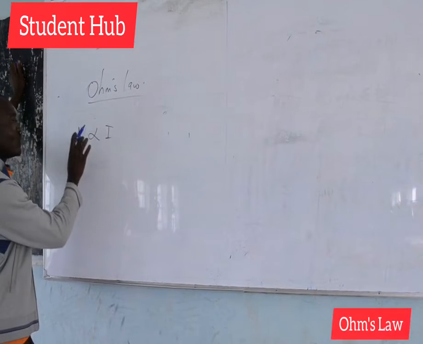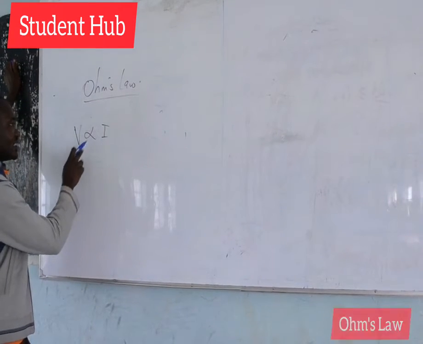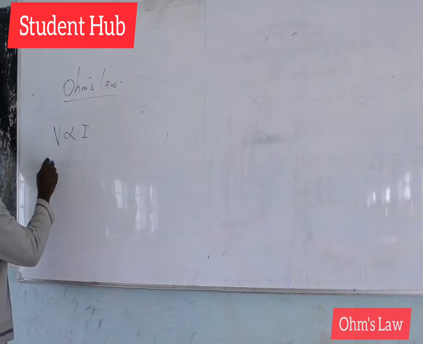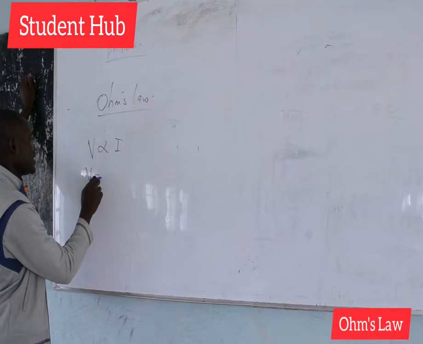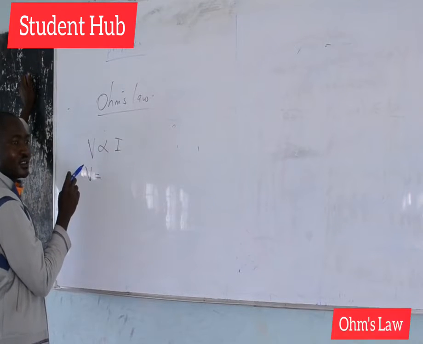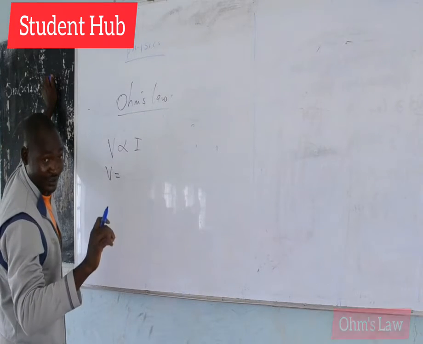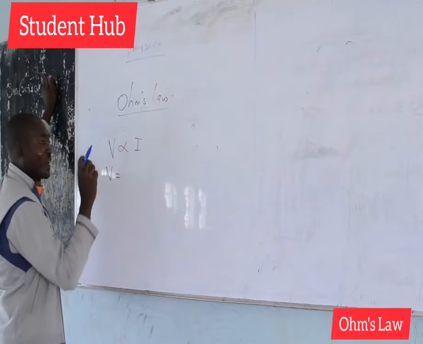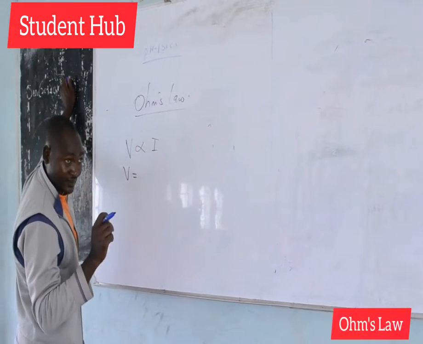That means when you increase voltage, the current also increases. So from this law, with this sign of proportionality, we have V equal to... if we want to remove the sign of proportionality, we add an equal sign and introduce a constant.